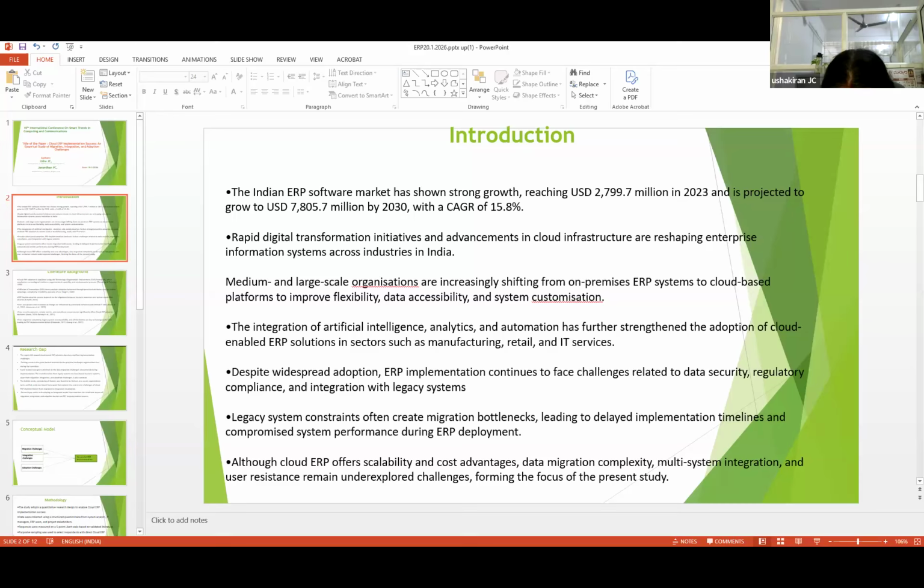While cloud ERP offers scalability and cost efficiency, organizations are facing issues like data migration bottlenecks, legacy system incompatibility, integration issues across multiple systems, and user resistance and skill gaps. These challenges often lead to delays and cost overruns and reduce system performance, making ERP success very uncertain.